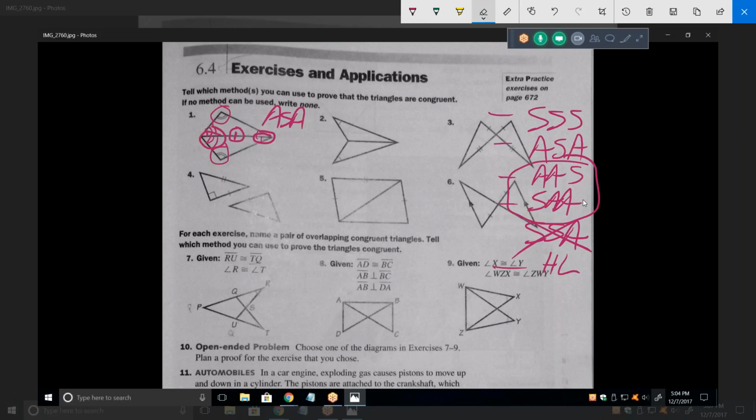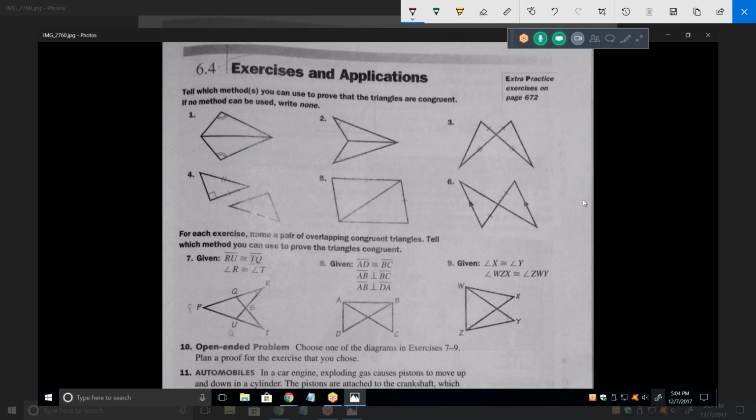So how about number 2? Angle, side. And then would it be angle then? Well, what other angle is equal? I don't see another angle that's equal.